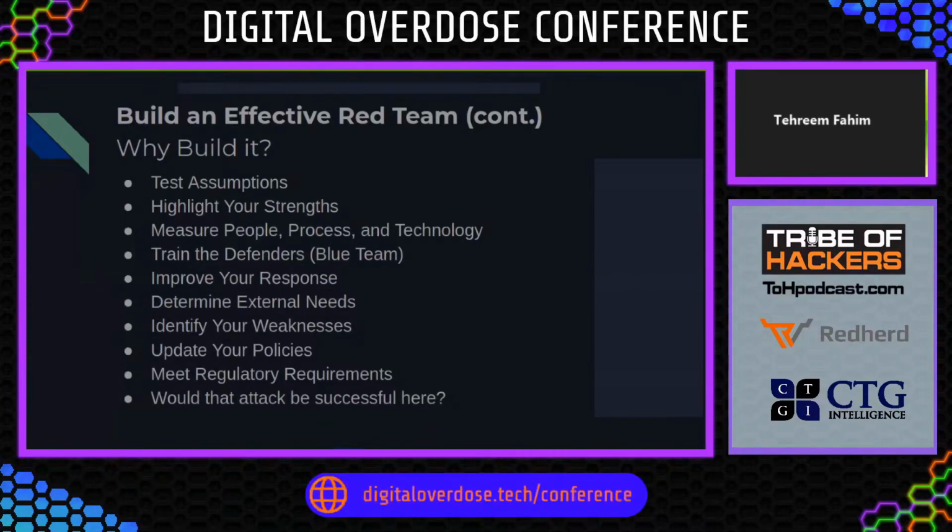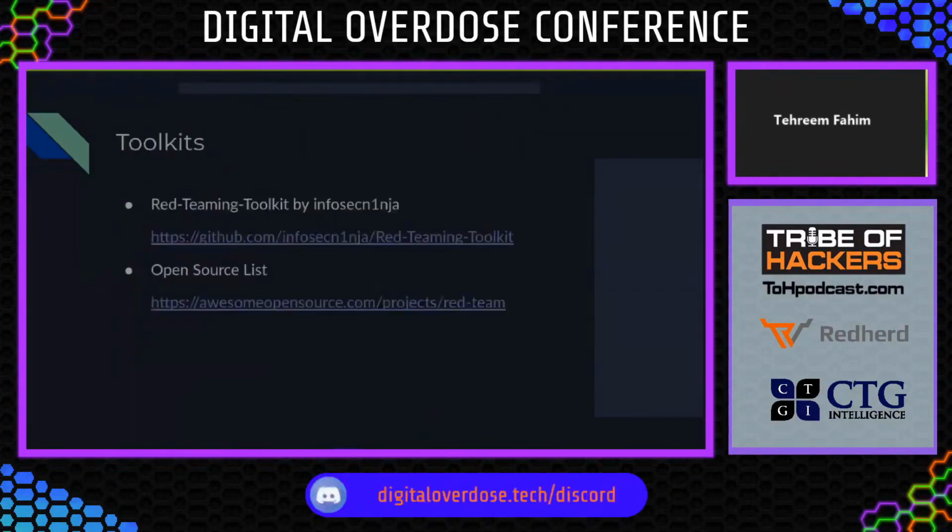And the next one, red teaming helps organizations to improve their response time to incidents, also determines their external needs, and identifies the organization's weaknesses, updates their policies, helps in meeting regulatory requirements and compliance, and checks if an attack would be successful. If yes, then how to prevent that.